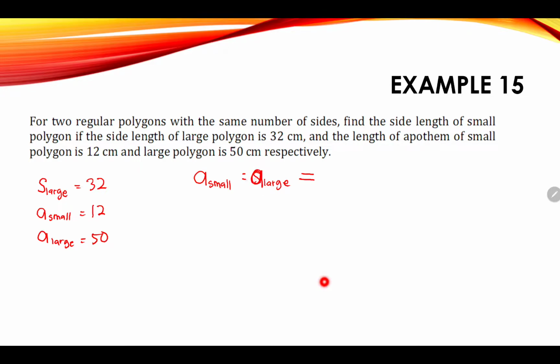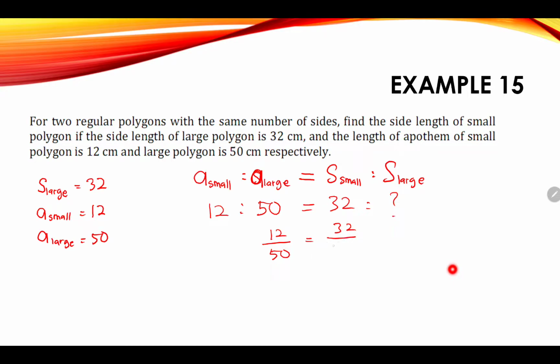Okay, apotem of the small dengan apotem of large proportional with sides of the small ratio with the side of the large. Since A small kita tahu 12, ini 50, equal S small dibagi 32. Ini berapa? Okay. So ratio 12:50 kita boleh buat macam ni kan? Ratio equals 32 over S large.